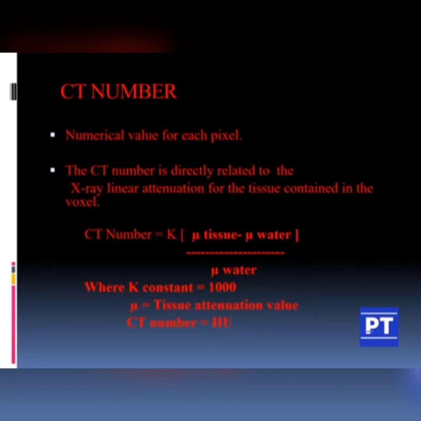It is calculated from this equation: CT number equals K times mu tissue minus mu water, divided by mu water. K is a constant which is 1000. Mu is the tissue attenuation value, meaning the linear attenuation coefficient, and the CT number, as I discussed before, is in HU, Hounsfield units.